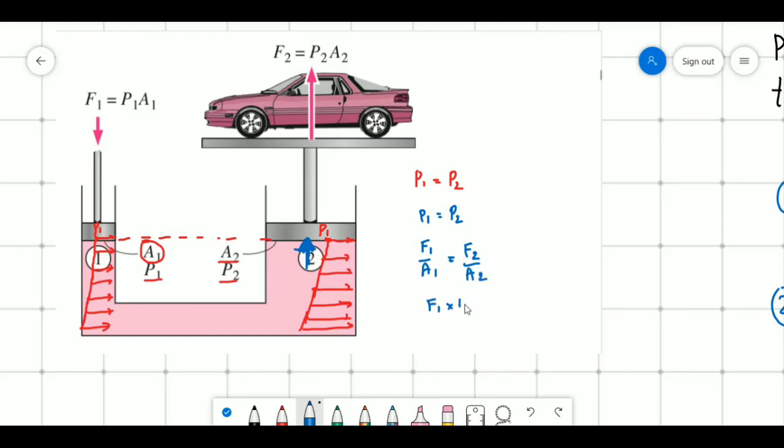So F1 into A2 by A1 is equal to F2. From the figure we can say that A2 is greater than A1, so A2 by A1 will be greater than 1, so that F2 is greater than F1. From this we can say that to lift a larger weight, we need a smaller force. This is the advantage of Pascal's law. So this is how Pascal's law is applied.